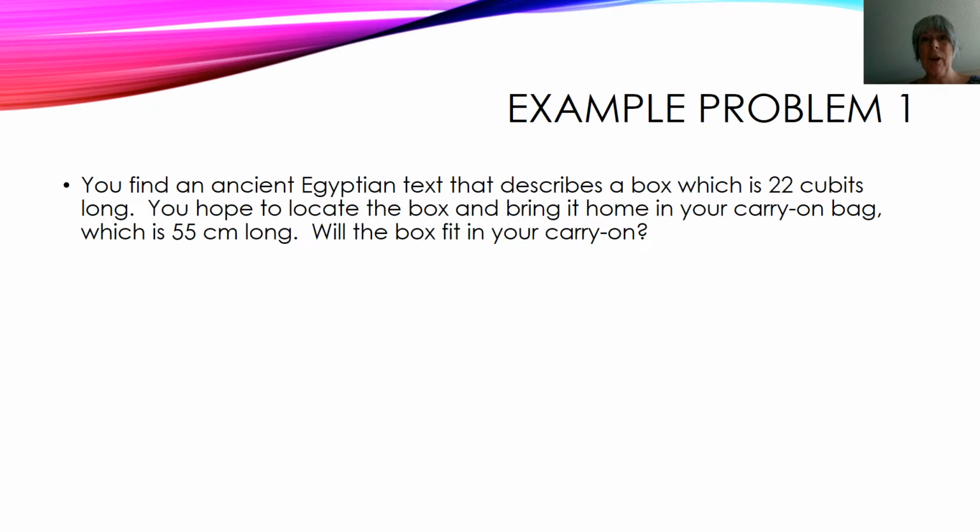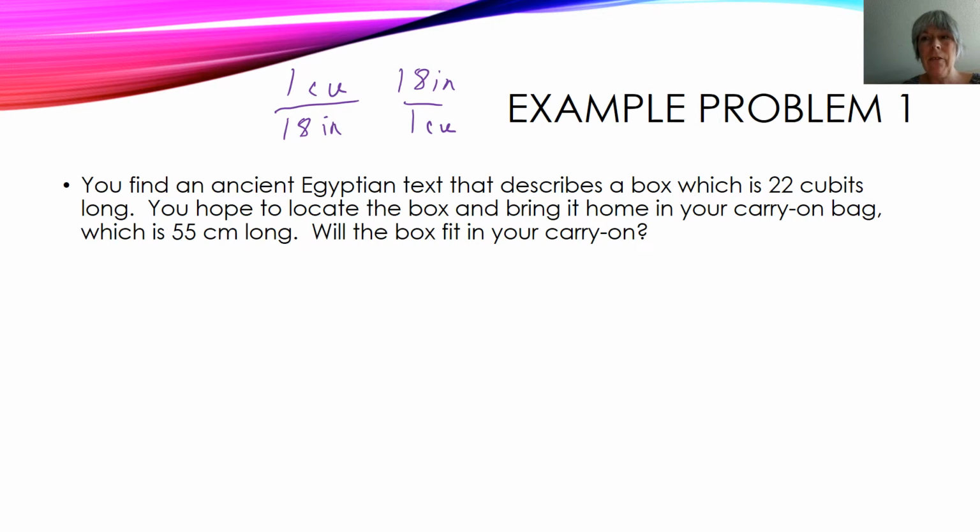Okay, hopefully you found these unit factors. 1 cubit, I'm just going to abbreviate cubit as CU for now, is equivalent to 18 inches. So we could write that as 1 cubit over 18 inches, or we could write it as 18 inches over 1 cubit.